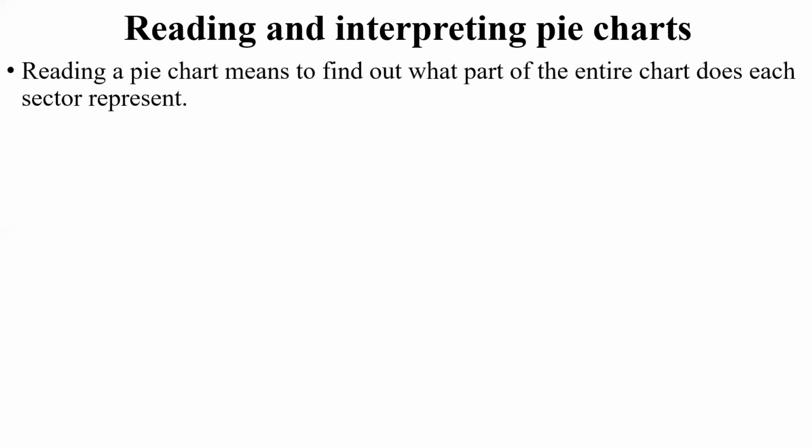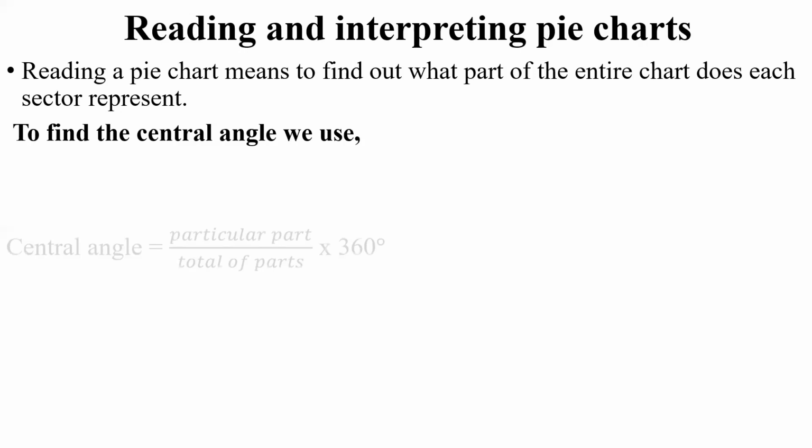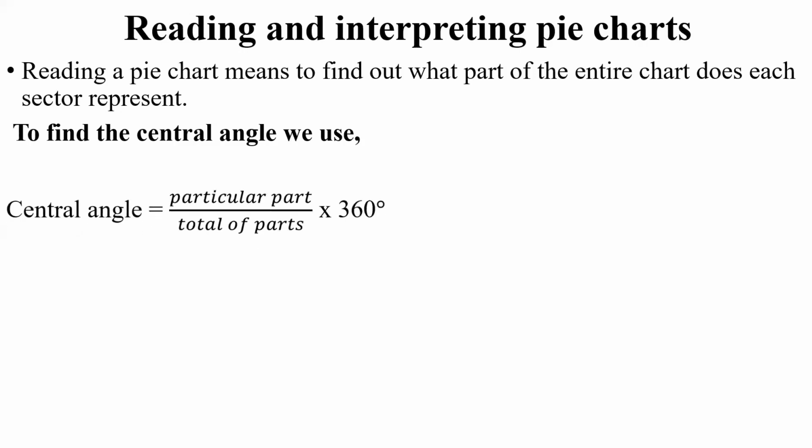Reading and interpreting pie charts. Reading a pie chart means finding out what part of the entire chart each sector represents. To find the central angle, we use the formula: central angle is equal to particular part upon total of parts, multiplied by 360 degrees. Here it is 360 degrees because the total degrees of a circle are 360, and this formula we use when we are given a table and some data and we have to draw a pie chart for the same.